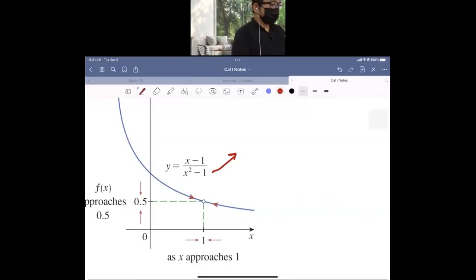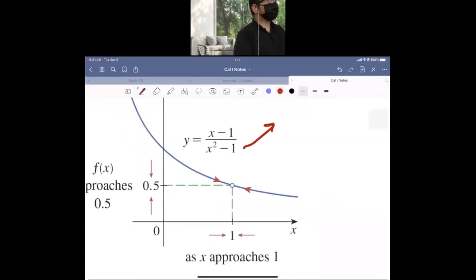Okay. So that's why when we look at the graphs, when we draw manually on your paper, we usually write this, having some open dots like that. Okay, it means that it's not defined at that point.